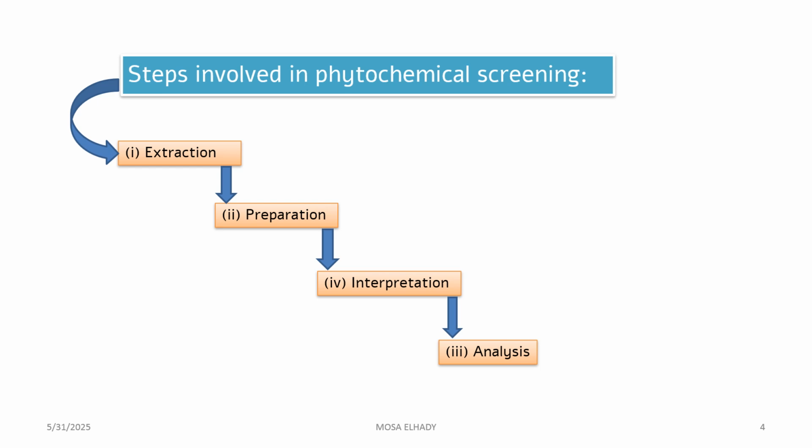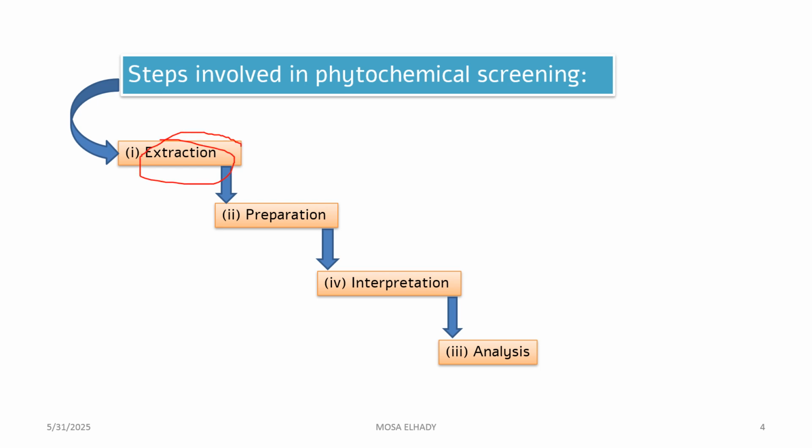Screening a plant extract to detect the presence of secondary metabolites involves several sequential steps before we end with the result of whether the secondary metabolite is present or not. There are four sequential steps that can be followed. The first step is extraction.